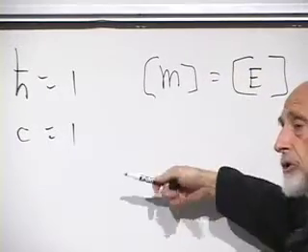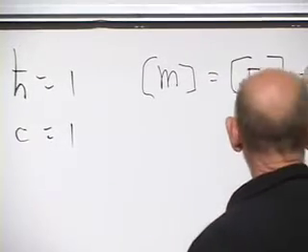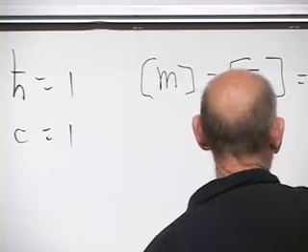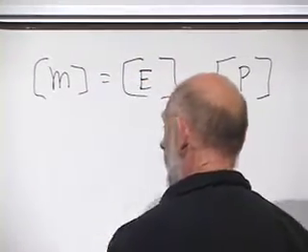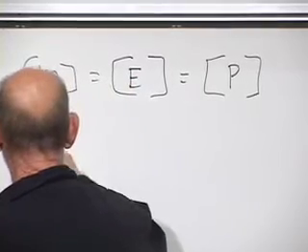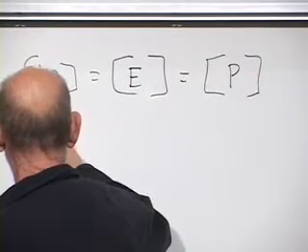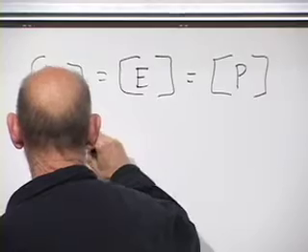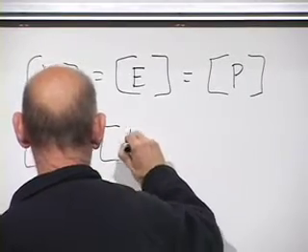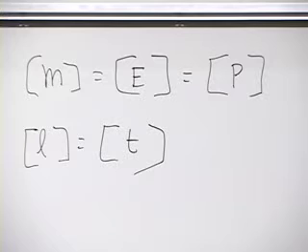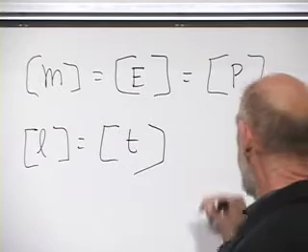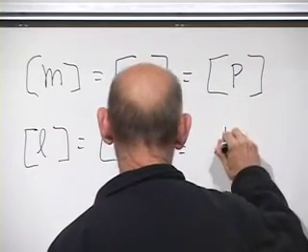Because E equals mc squared and c is equal to 1, and also equal to the units of momentum. Also true that the units of length are the same as the units of time. That's because c is equal to 1. But the units of length and time are not the same as the units of mass and energy. In fact, they are inverse.